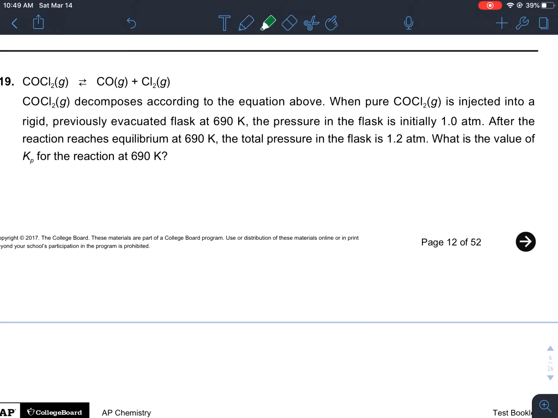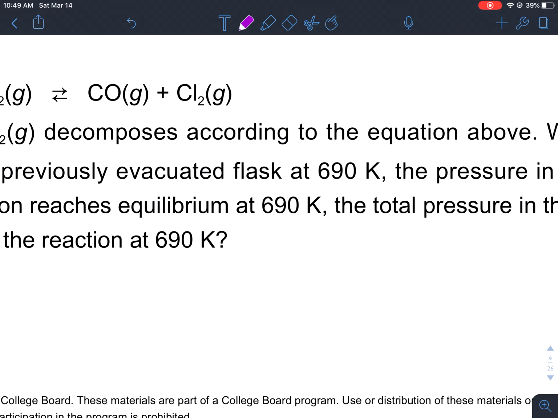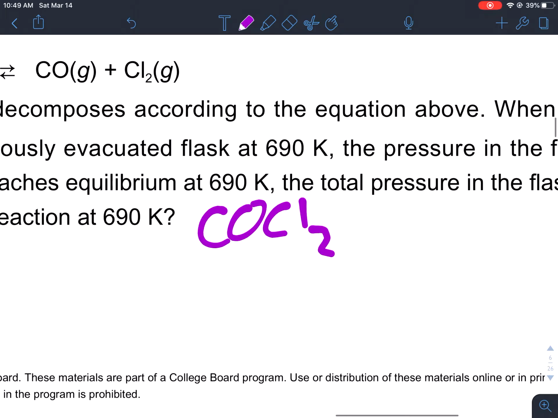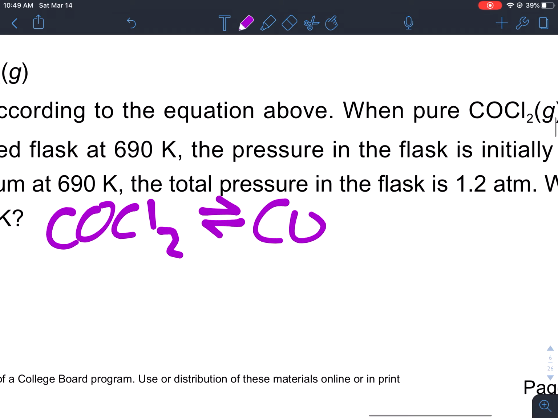Okay, so I want you to think of it like this. I want you to set it up in terms of an ice table. So you have your COCl2, and it's going to yield CO plus Cl2.